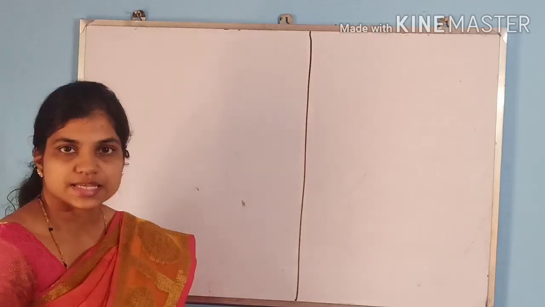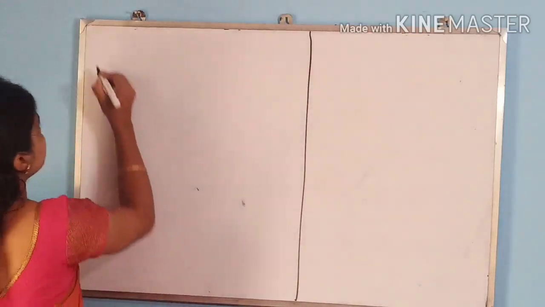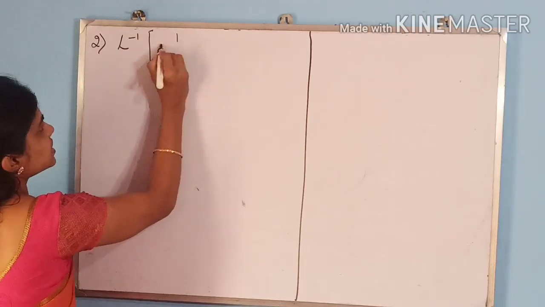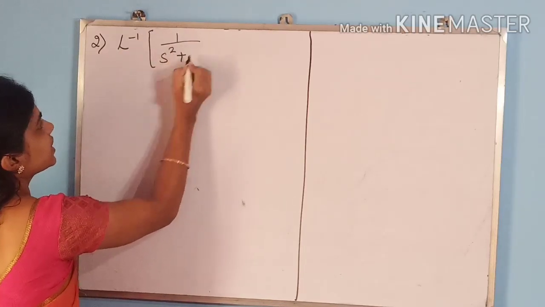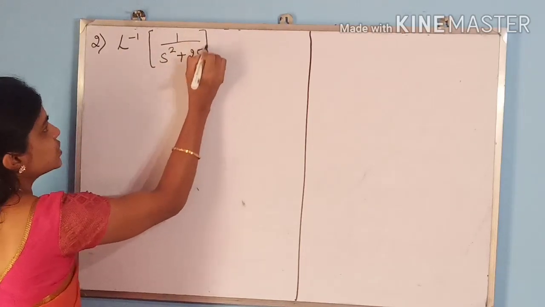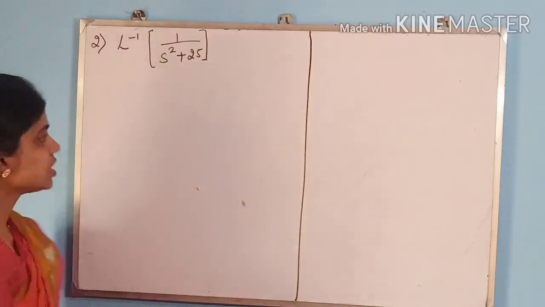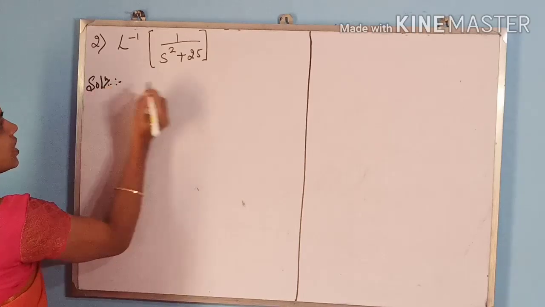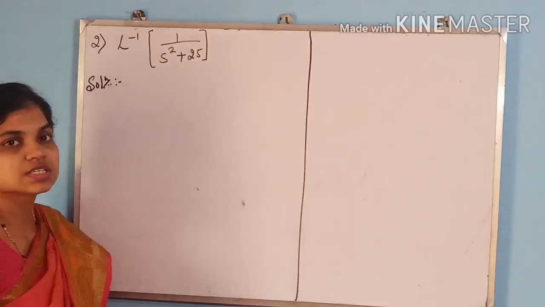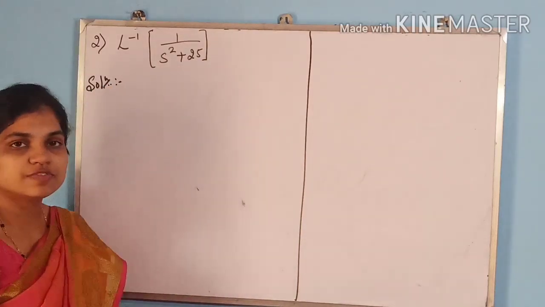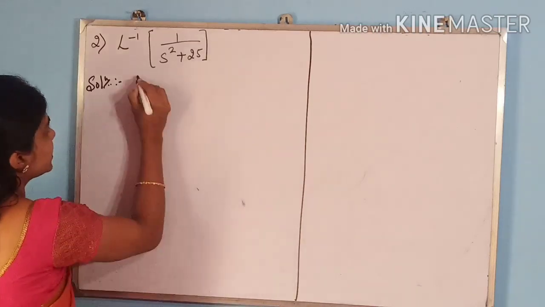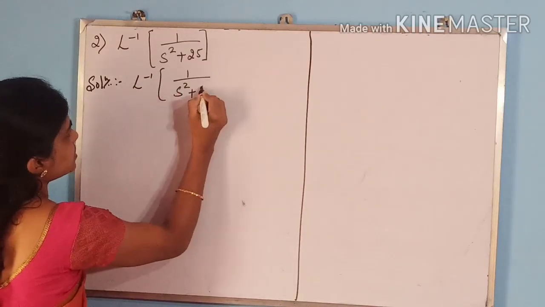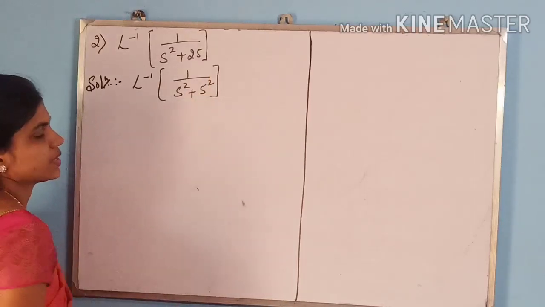The second example is to find the Laplace inverse of 1 by s square plus 25. So let's find the solution. Now if you see this, 25 is the perfect square of 5. So I can write this as Laplace inverse of 1 by s square plus 5 square.